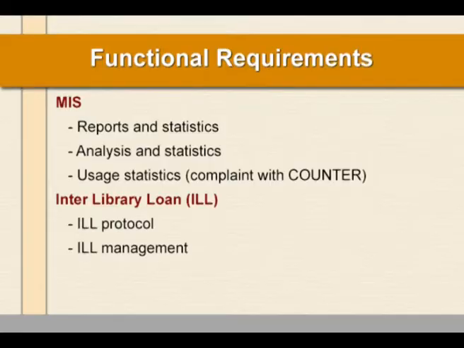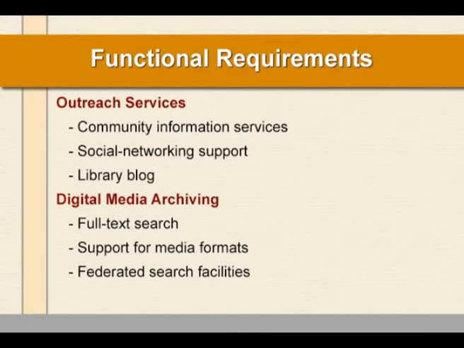Then availability of the interlibrary loan module is an added advantage. Not all software includes it, but if it does, it will be an added advantage for you. Then apart from the core activities related to library automation, nowadays we use library automation software for different kinds of outreach services like community information services, social networking support, blog support, online help for users, user orientation programs, tutorials on how to search a particular OPAC.